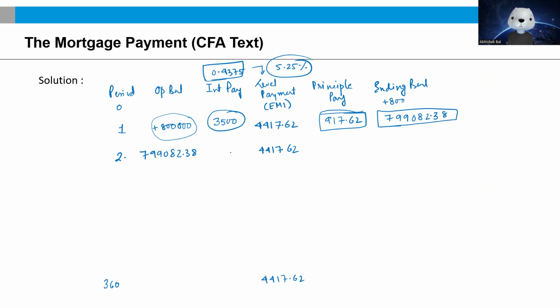And we are going to calculate the interest on this particular loan balance. And now your interest payment is going to be 3,495.98. And just for the calculation's sake, I could roughly round it up to 3,496.